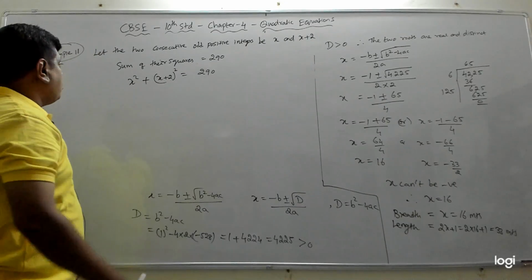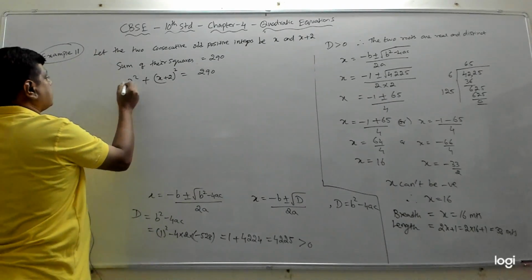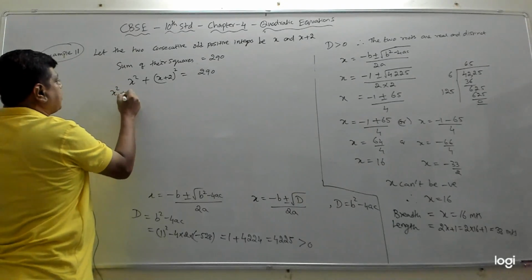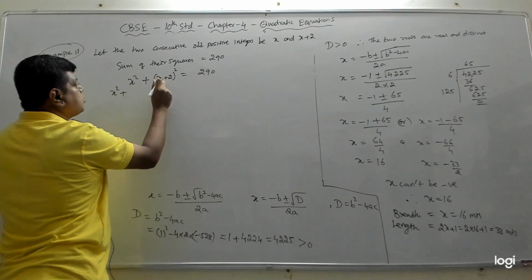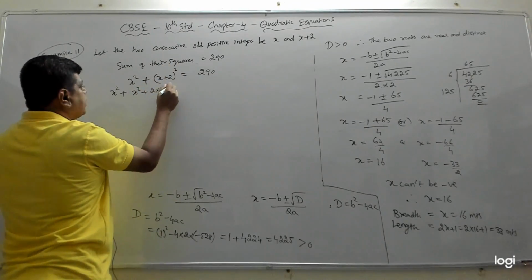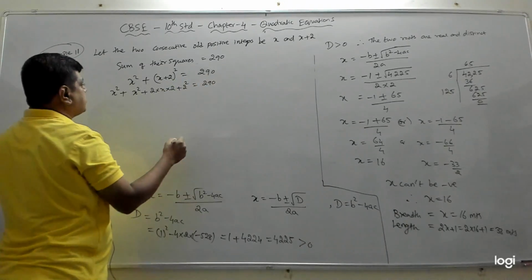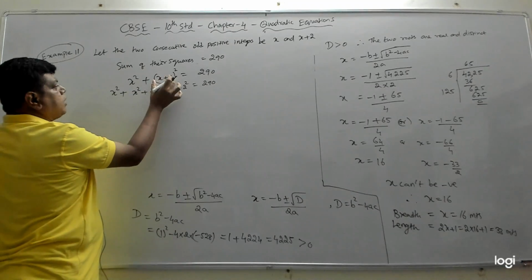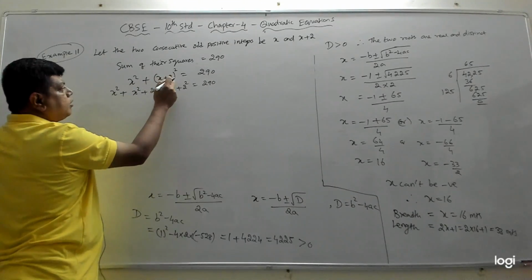Clear? Now let's continue. Right now, if you expand this, it will become x square plus x plus 2 the whole square. We will expand this using a plus b the whole square, that is a square plus 2 into a into b plus b square equal to 290. Now we are applying a plus b the whole square here. A square means x square, x is a, b is 2.